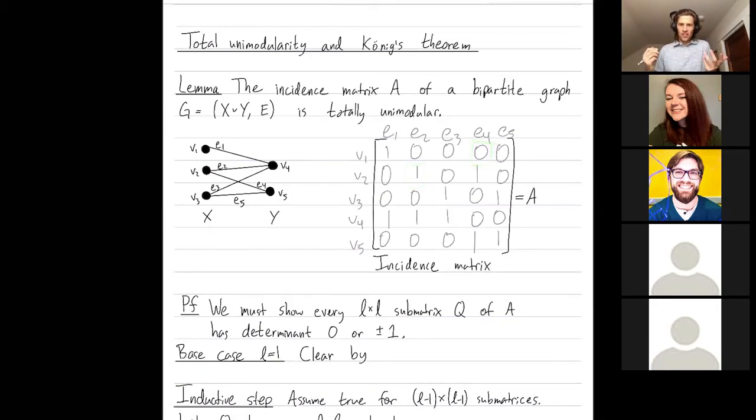We're looking at 1 by 1 submatrices. These are all totally unimodular because all the entries of our matrix are 0 or 1. This is clear by the definition of incidence matrix. To be totally unimodular, every entry has to be 1, 0, or -1. Here, we're looking at unsigned incidence matrices, so every entry is 0 or 1.